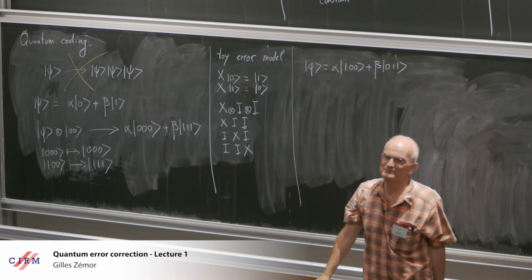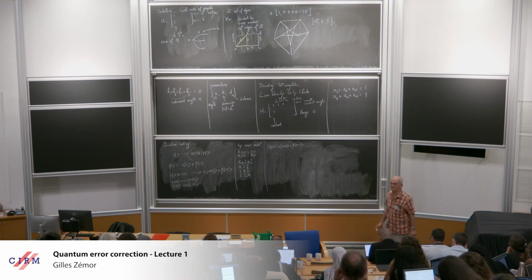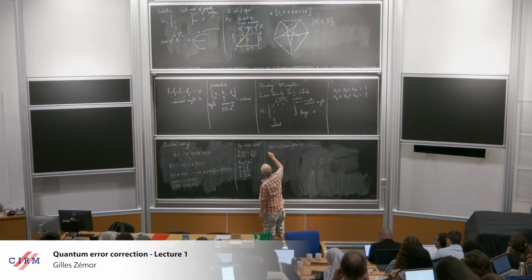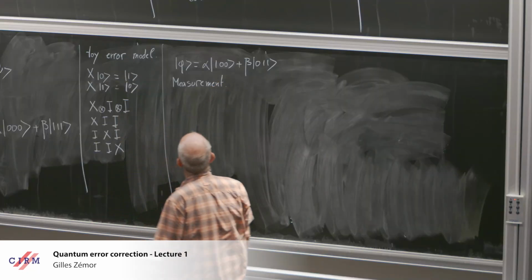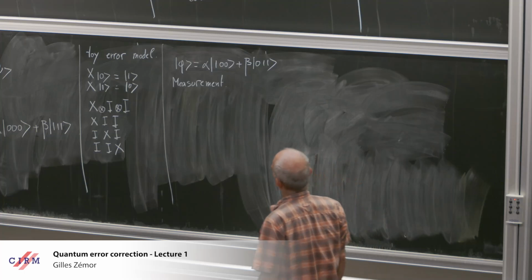So we can't look at it in the eye and see that the first qubit has changed, but we can do some measurements. So we need to measure something. So what can we do?